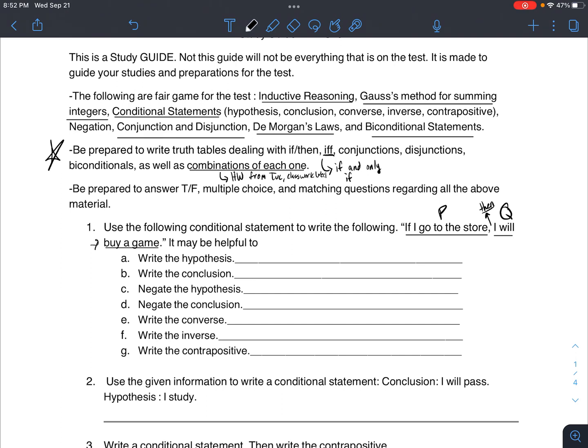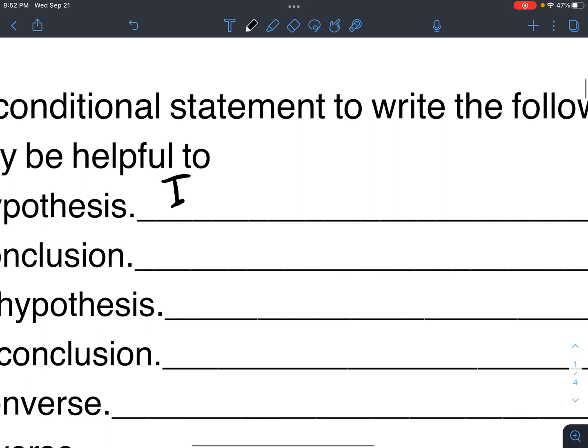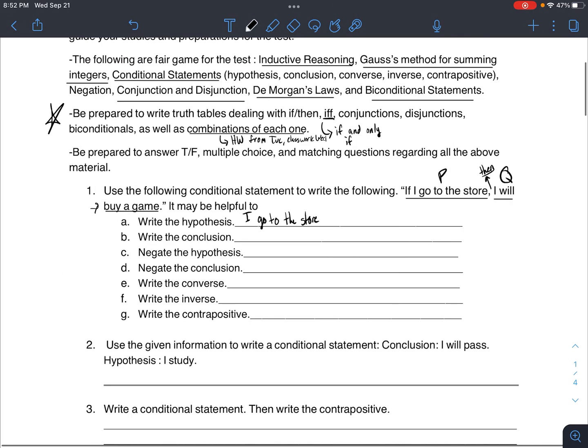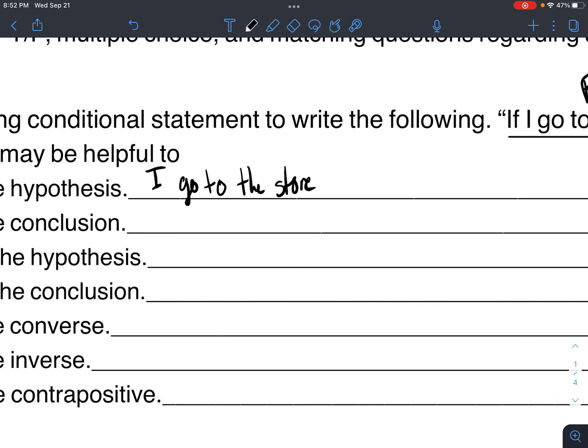I apologize for that. So writing the hypothesis, remember the hypothesis is the beginning part. So this is I go to the store. So that is the part after the if. The Q, or the conclusion, that is the part after the then. So I will buy a game.